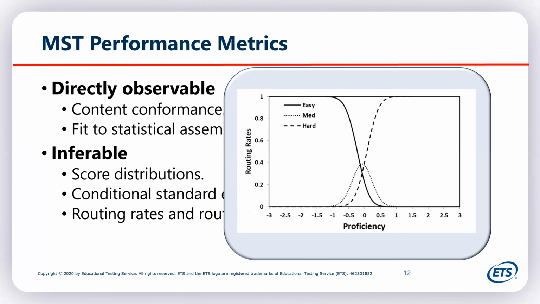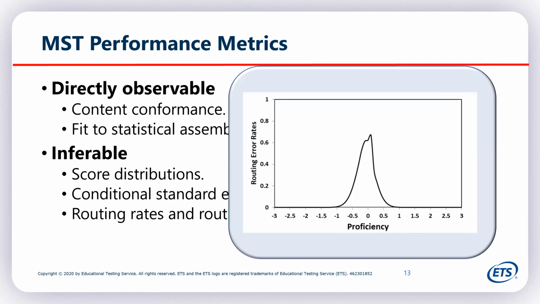You can see that to the left of -2, your probability of going on the easy path is virtually 1. In the center, that's where decision needs to take place, and you can see that the middle route, the dotted one here, does its work only between, say, -1 and +1.